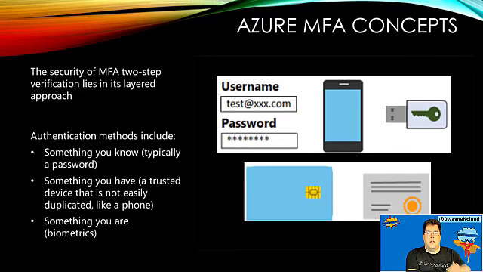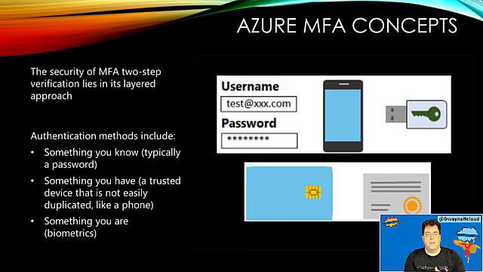So the next concept that we want to talk about in terms of our zero trust model and our advanced features here is multi-factor authentication. Many of you are probably already familiar with what multi-factor authentication is, and many of you may use it for other services. Multi-factor authentication takes into account a secondary factor other than just a password.